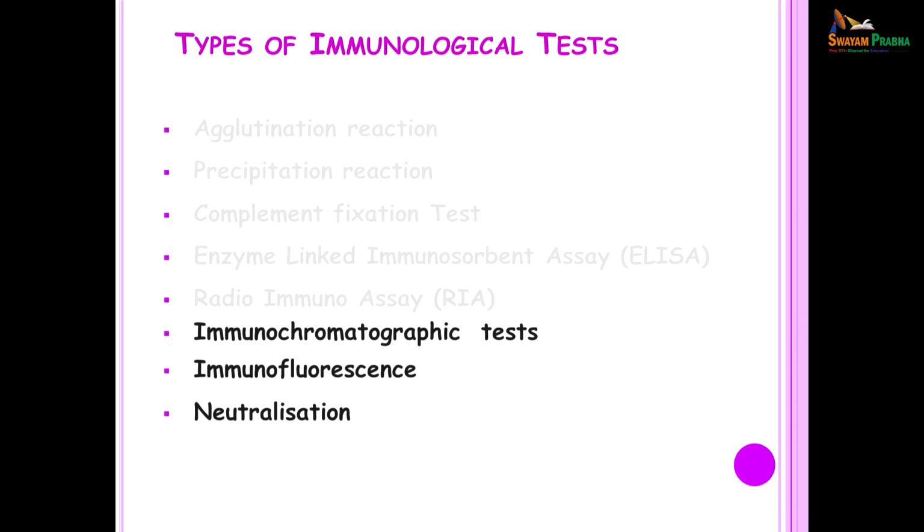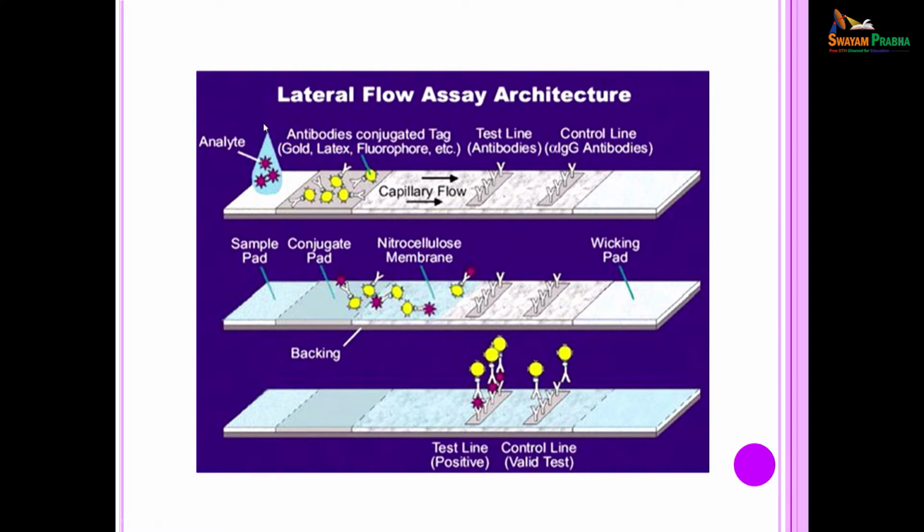So, like I said, the attempt is always to try and hasten the time of giving test results. So, we now have faster tests called the immunochromatographic tests, which help us diagnose disease within half an hour to 2 hours.